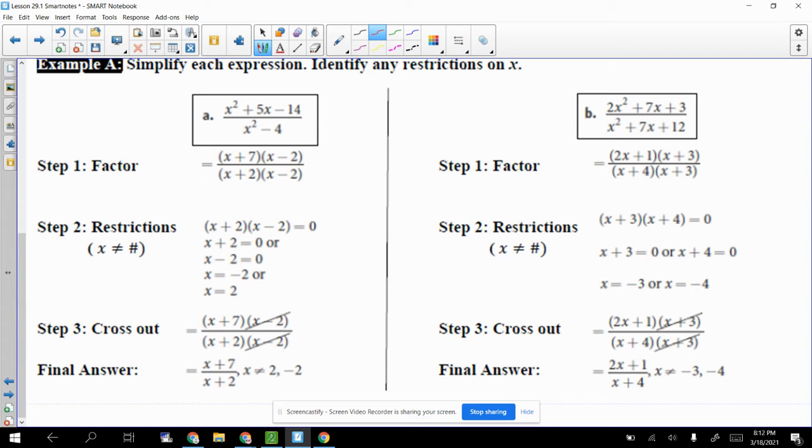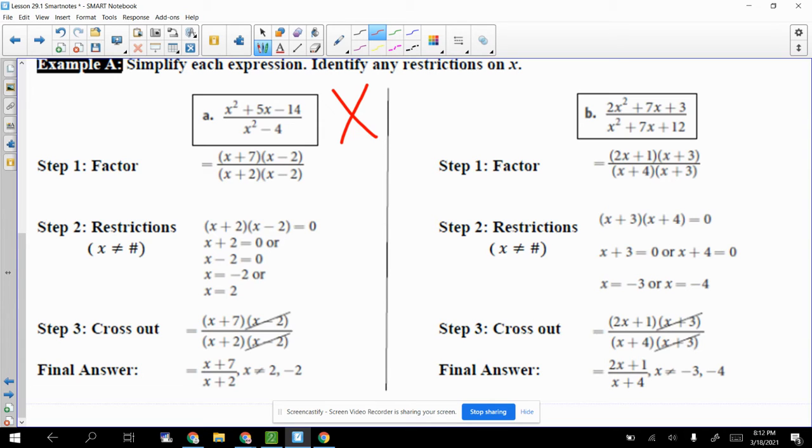It's a fraction like this. And what they did first in step 1 is they factored the top. So they did a big X here and factored the top to get x plus 7 and x minus 2. And then in the bottom, they used their difference of 2 squares to get x plus 2, x minus 2.